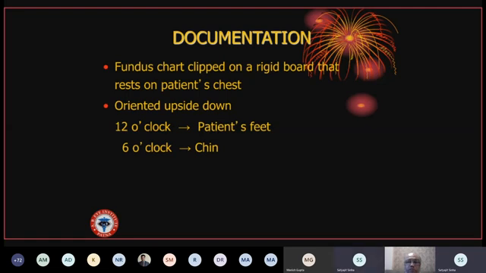What I do is, when I have the chart in my hand with 12 o'clock superior and 6 o'clock inferior, I first document the optic nerve and the macula. I will show you in pictures also, but first I make sure this is the right eye and this is the left eye. So first I document my foveal reflex and the optic nerve head, and then I keep the chart on the patient's chest in the manner I have told you, 12 o'clock toward the feet and 6 o'clock toward the chin.